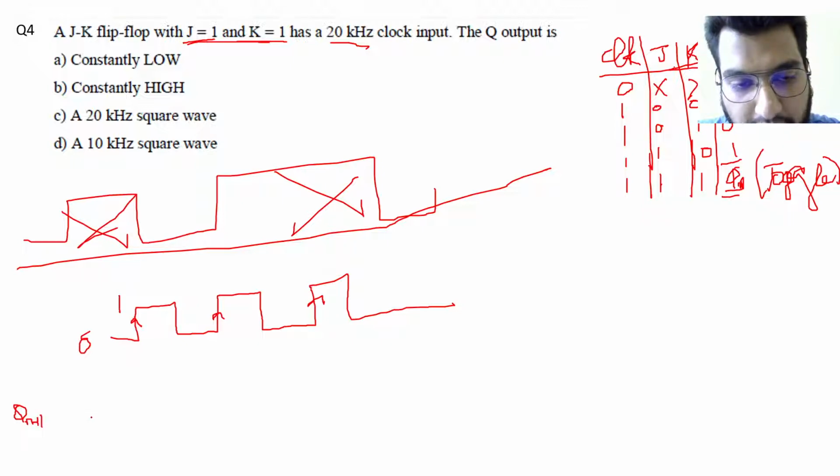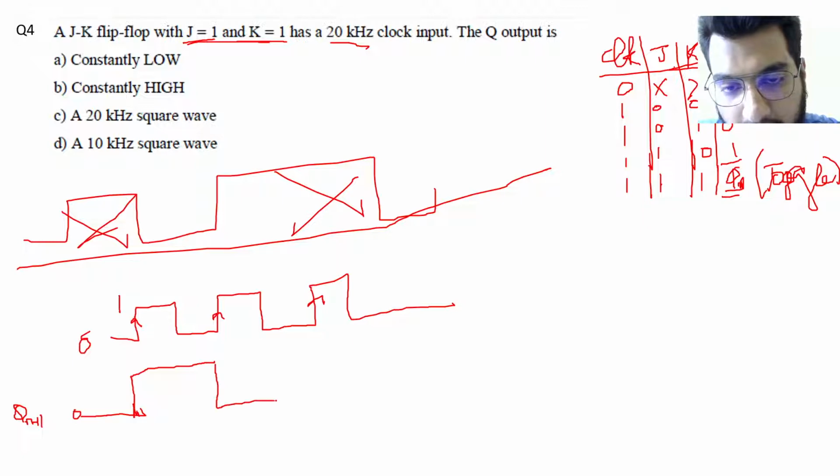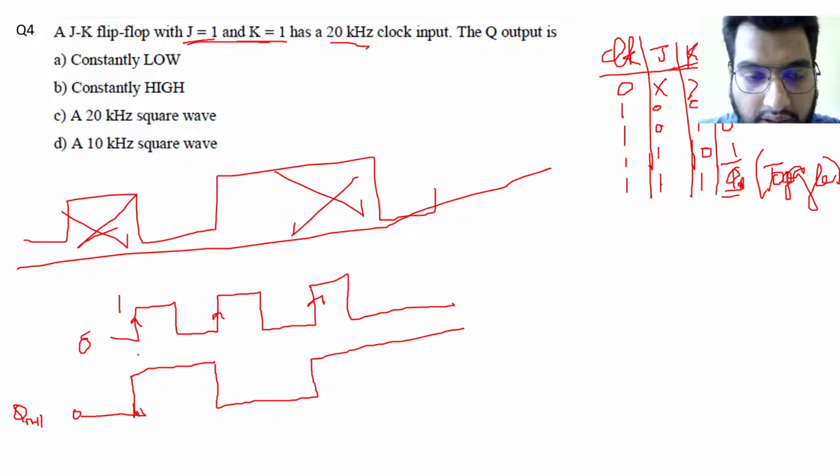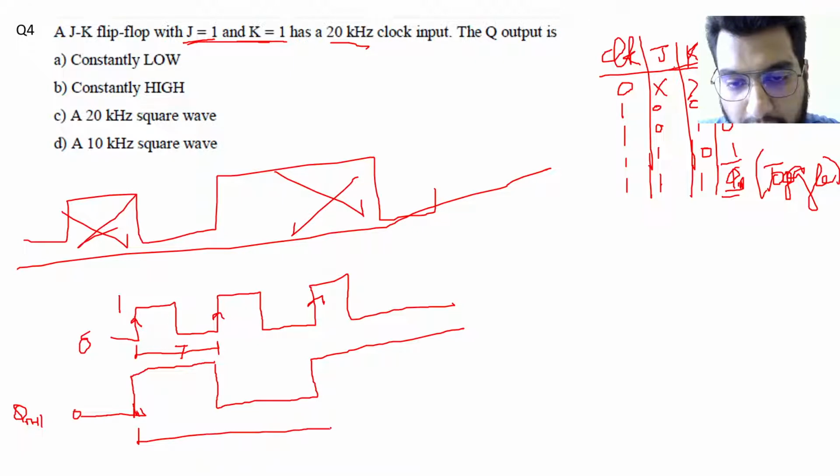Let's say the previous output was starting with 0. On a positive edge trigger, toggling will happen, and it holds until another positive edge trigger comes in. At that point toggling happens again, and so on. As you can see, if the time period of the clock was t, for the output it becomes 2t.